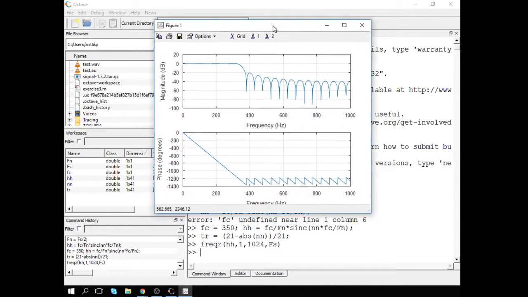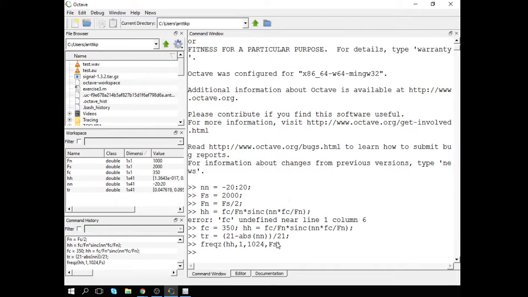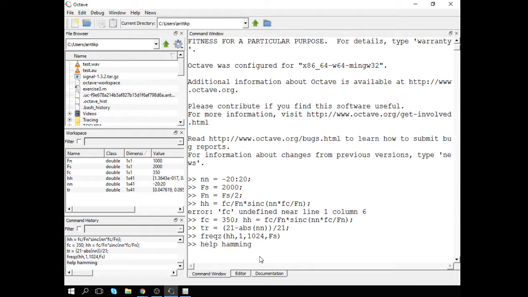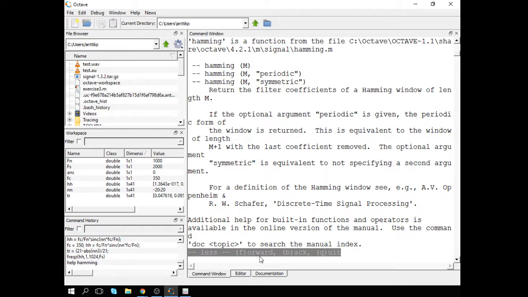So let's take a quick look at what kind of windows we have. On the FDA tool you can find the windows that are available in MATLAB, but I always start with the help of Hamming window. This also gives hints of the other window types and how you use them.